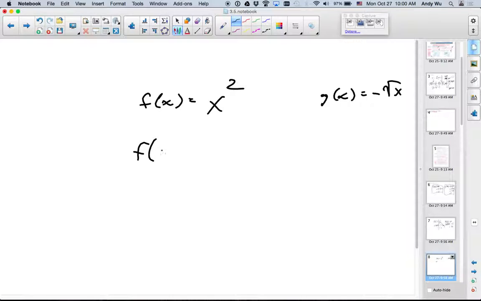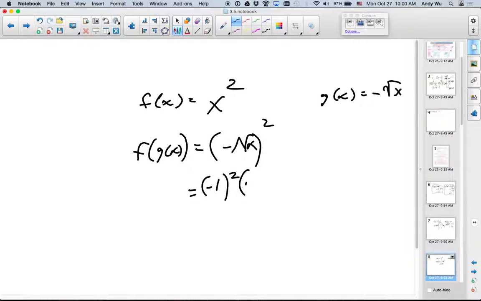So you have f of g of x, which is, instead of x, I write in negative x squared, which is equal to negative 1 squared and square root of x squared. Does that make sense? Because negative x is really negative 1 times x. I'm not taking it out, it was always there. This is called power of product. When you have xy squared, you can write it as this.